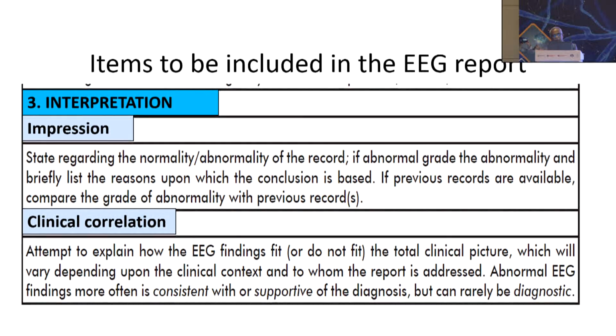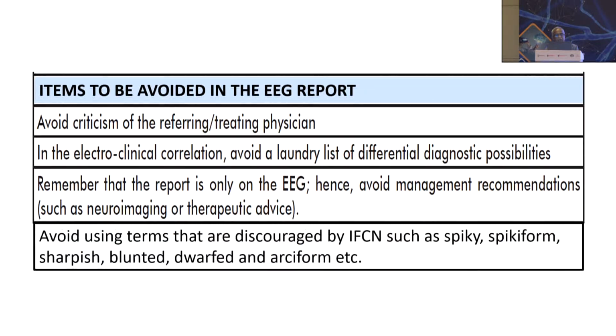Even the most classical EEG finding, the pattern of SSPE, has a differential diagnosis. So you can say that it is supportive, but don't state that it is diagnostic, because there is some limitation in the EEG: the same pattern can occur in a variety of other disorders.